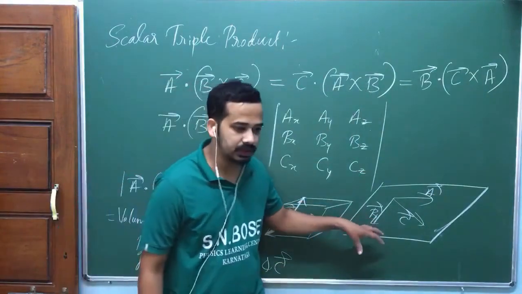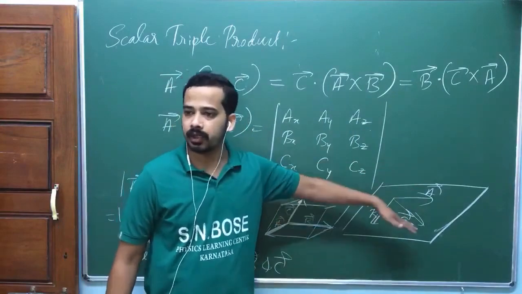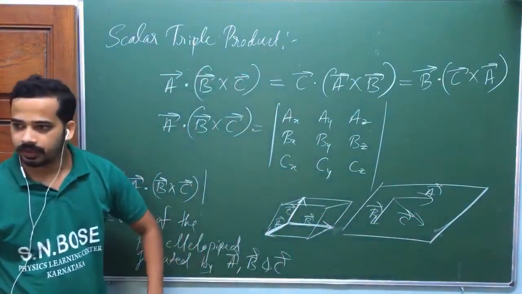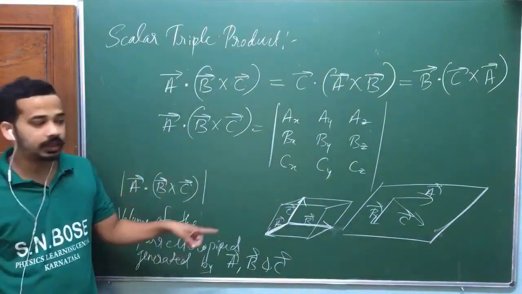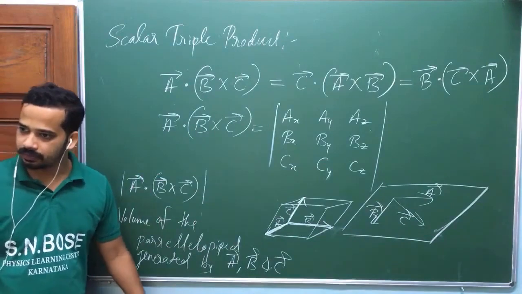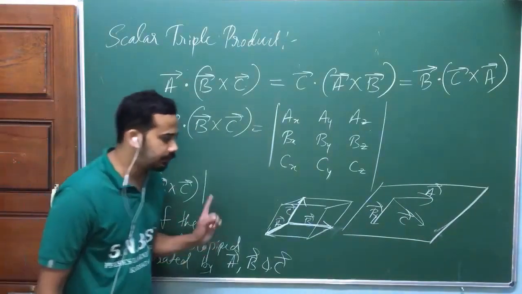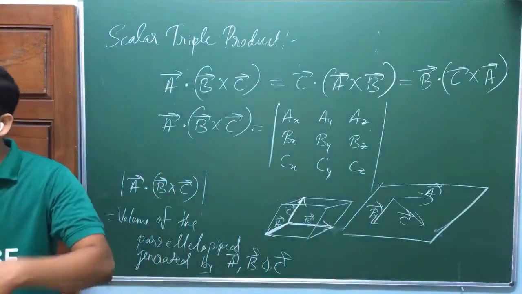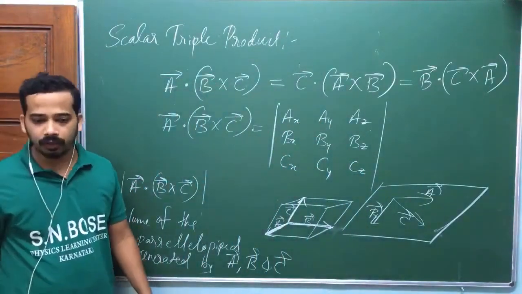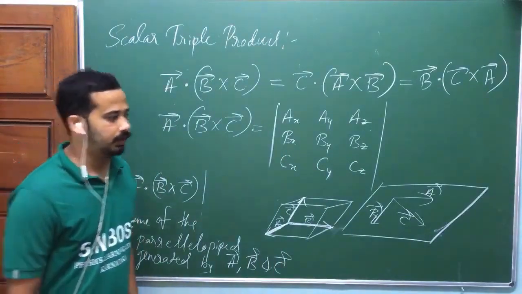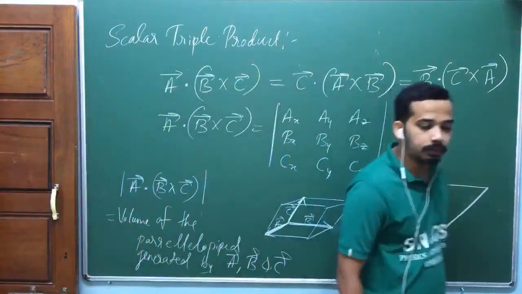It will not generate any parallelepiped at all. What is the volume of the parallelepiped if all are coplanar? Zero. That's why if the scalar triple product is zero, the vectors are coplanar. So can you note this down? If the scalar triple product is zero, vectors are coplanar. If it is non-zero, vectors are non-coplanar. That's why the scalar triple product is a test of whether vectors are coplanar or not.